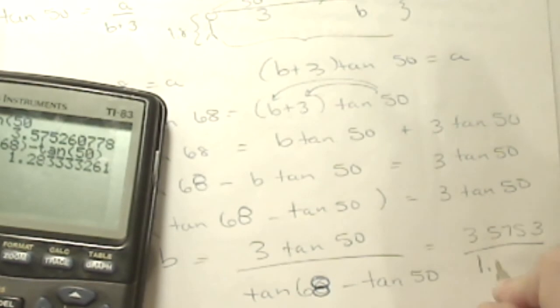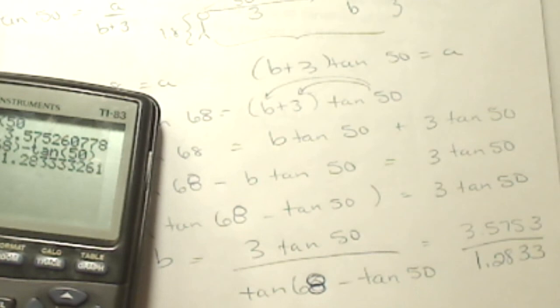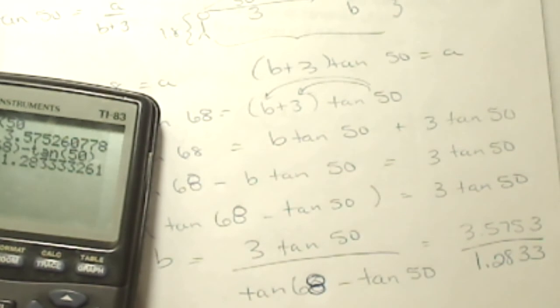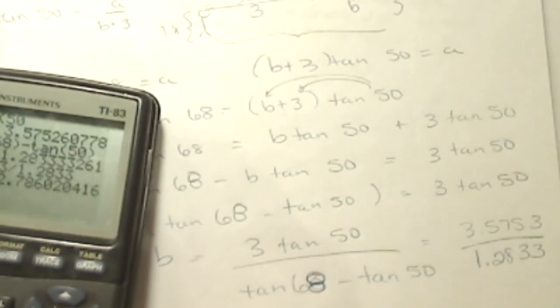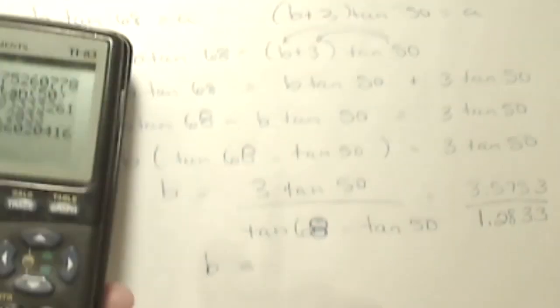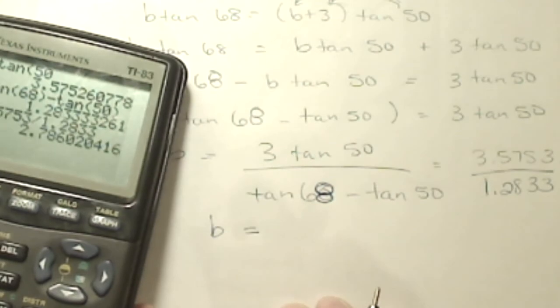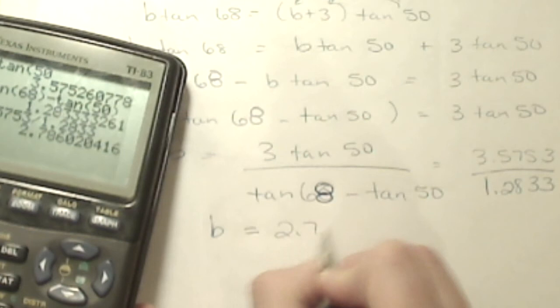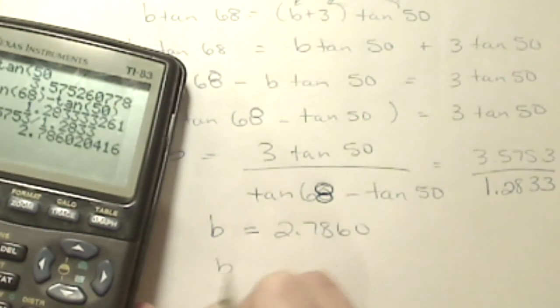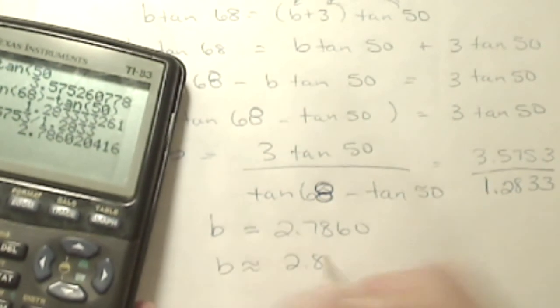I get 1.2833. Finally, dividing, I get that b is equal to 2.7860. So b is approximately 2.8.